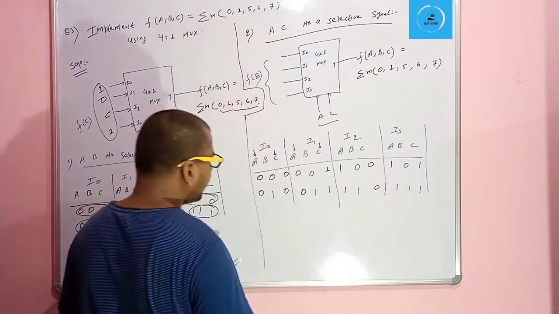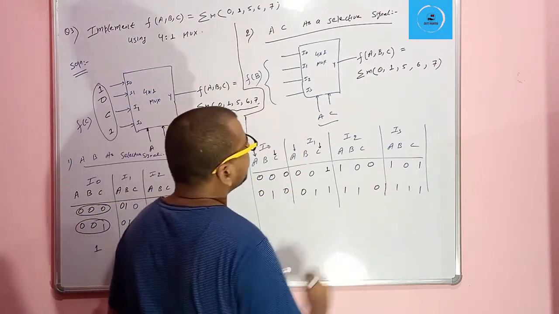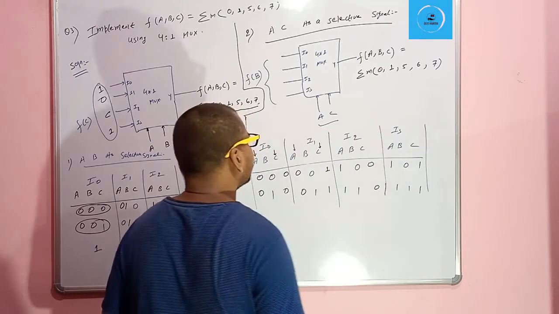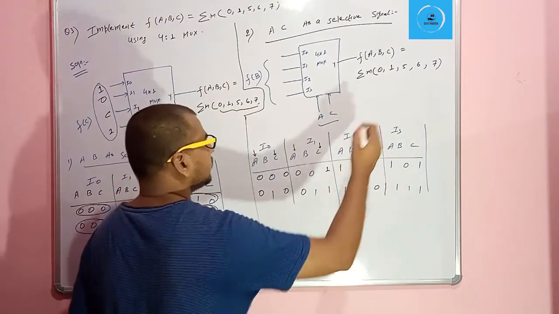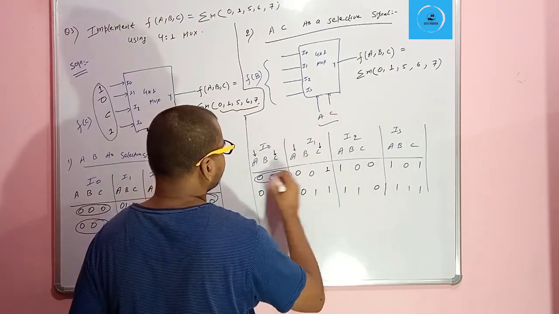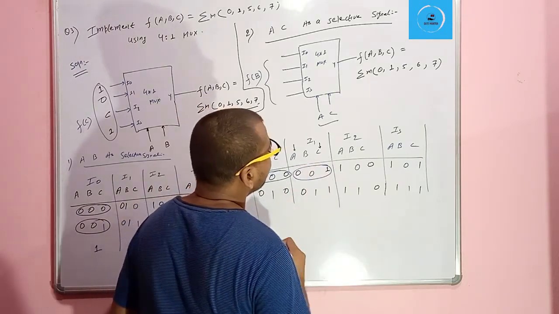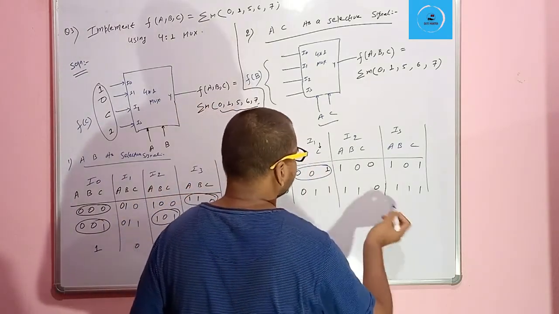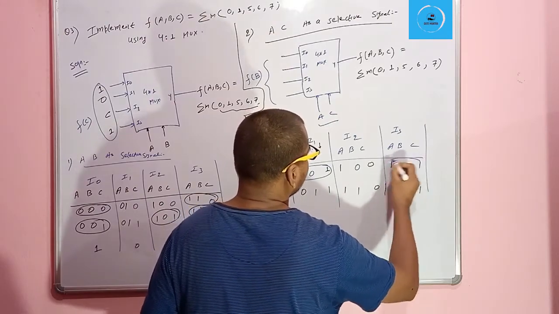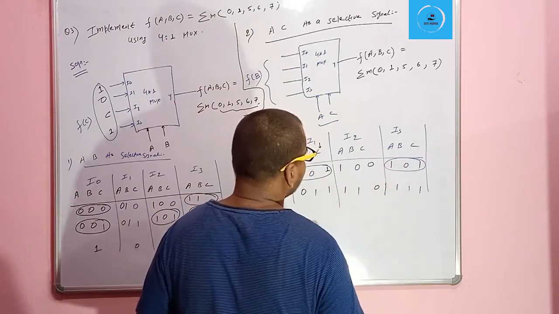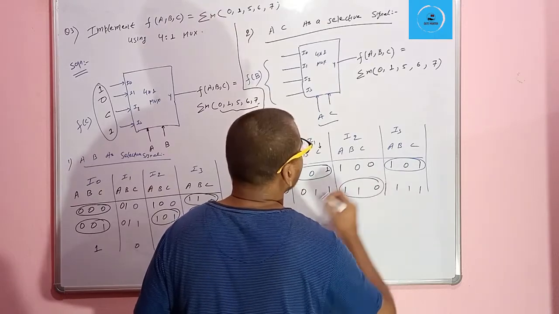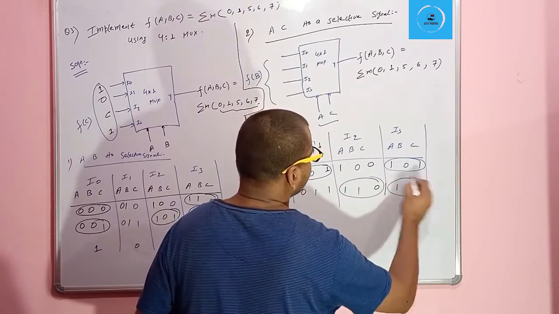Now we are going to group the minterms present here. So we have to group the 0, we have to group the 1, we have to group the 5, where is 5, here 5. We have to group the 6, we have to group the 7.